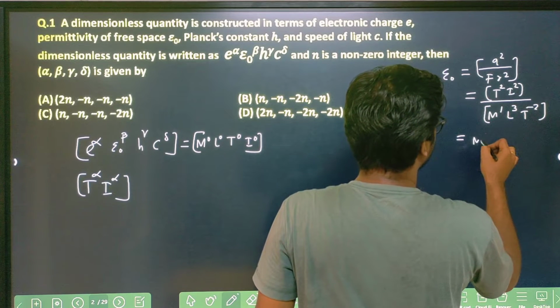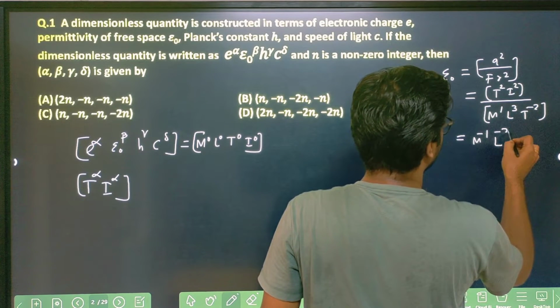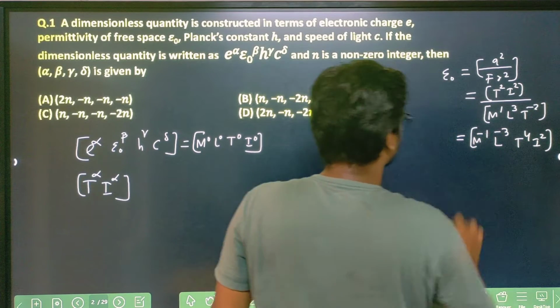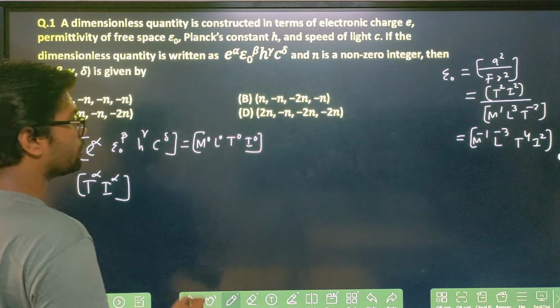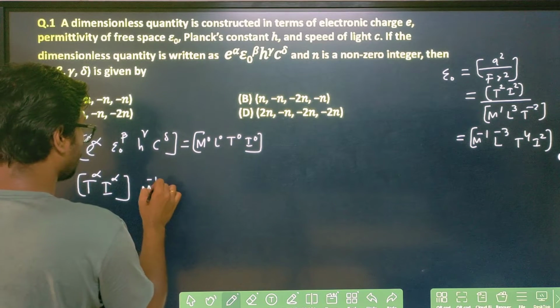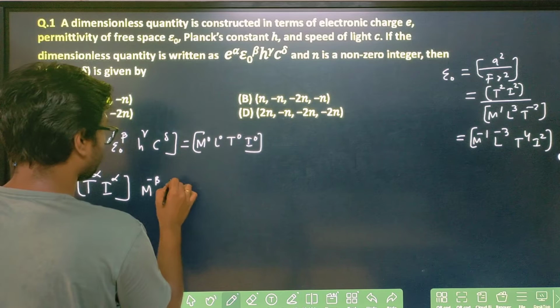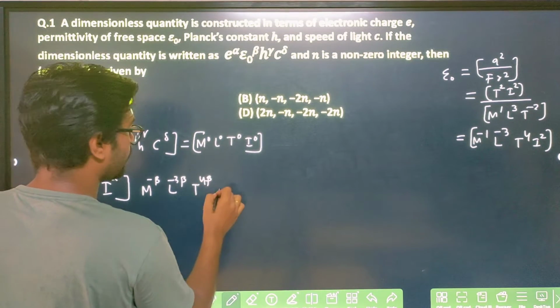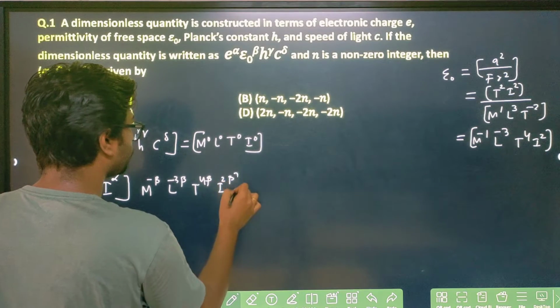So this will be M minus 1, L minus 3, T4, I2. So epsilon naught to the power beta will give M to the power minus beta, L to the power minus 3 beta, T to the power 4 beta and I to the power 2 beta.